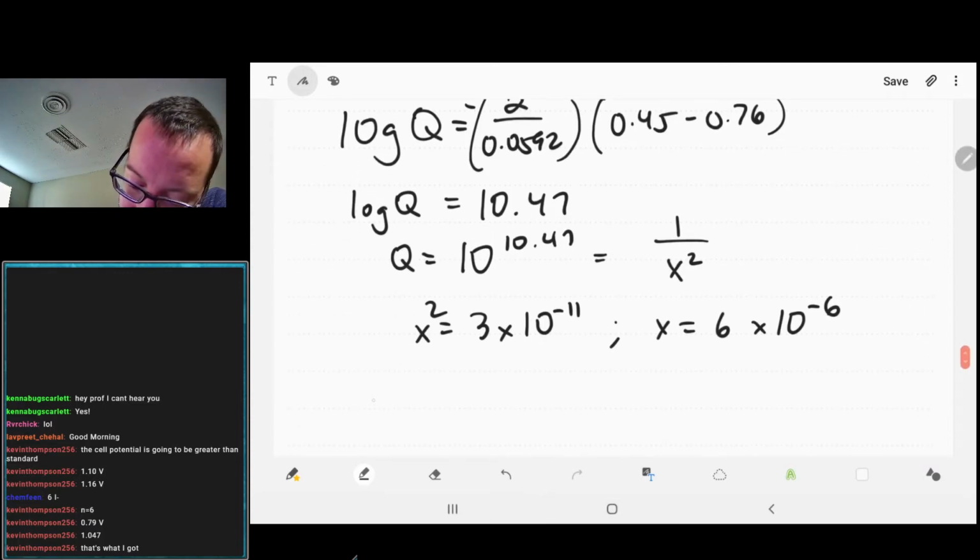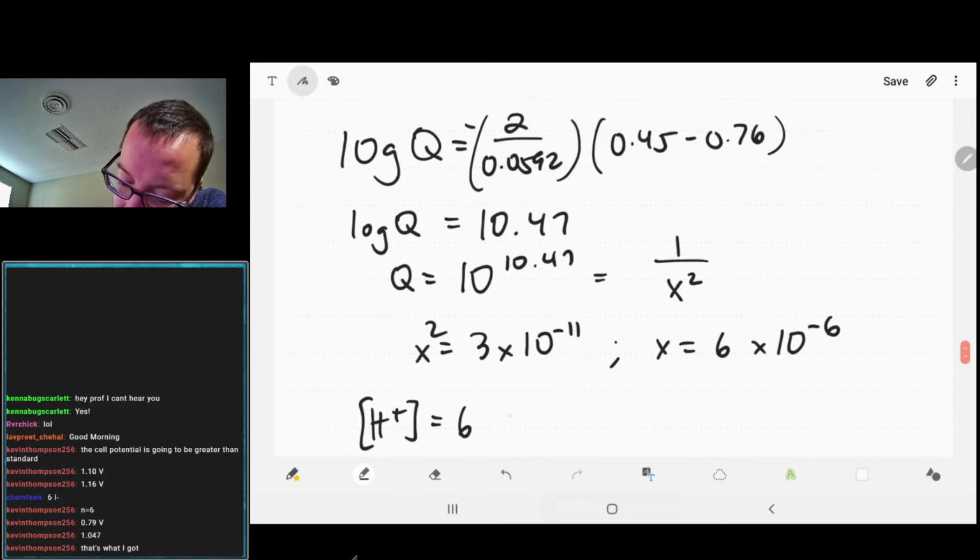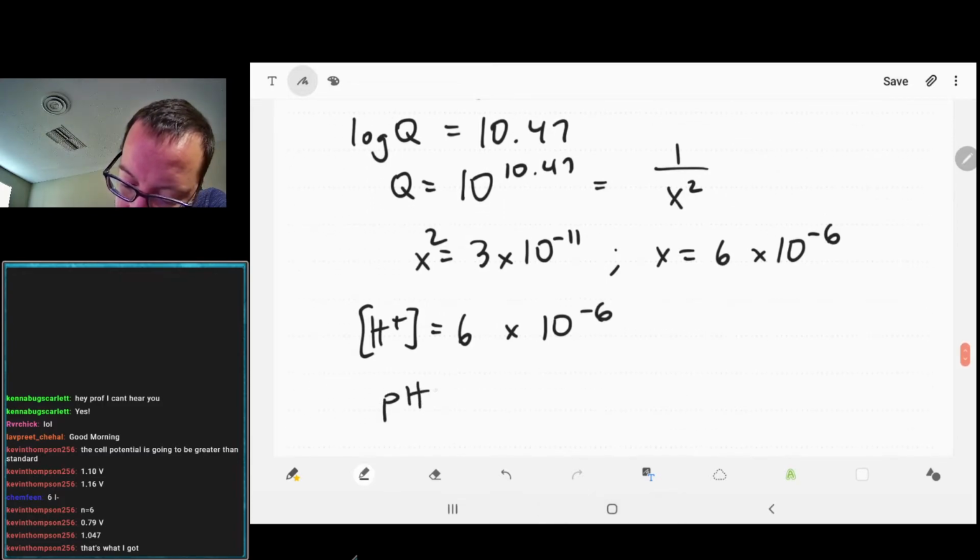Therefore the H plus concentration will be 6 times 10 to the negative 6. And the pH will be, what's it going to be? Negative log of that, which will be 5.2.